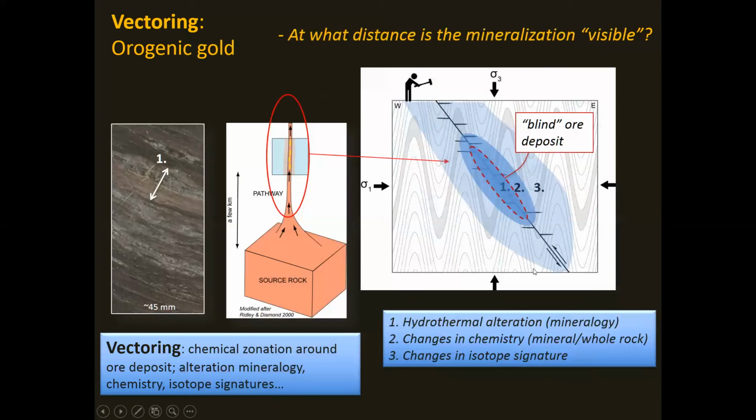So out here, we might see differences in the oxygen isotope for, let's say, quartz. So by taking a sample at the surface and investigating the oxygen isotope signature for quartz there, we can hopefully say that we have a good indication that there is something of interest below. So we are using the isotope changes in different minerals to see towards depth in a chemical way, not using geophysics, but using mineral chemistry in this case.